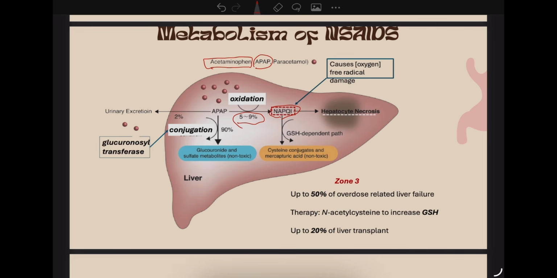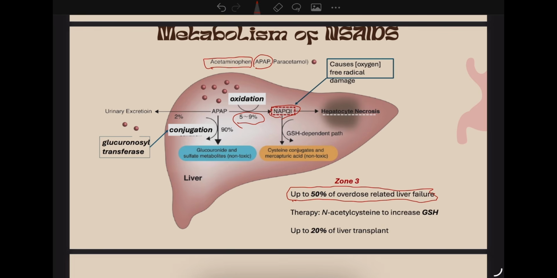But if we don't have lots of it, then we will form a lot of free radicals, ending with liver damage and possibly liver failure, which, as you can see, up to 50% of overdose-related liver failure is due to that. Not alcohol, but it's NSAIDs. Can you imagine that? Of course, alcohol too is a big no.